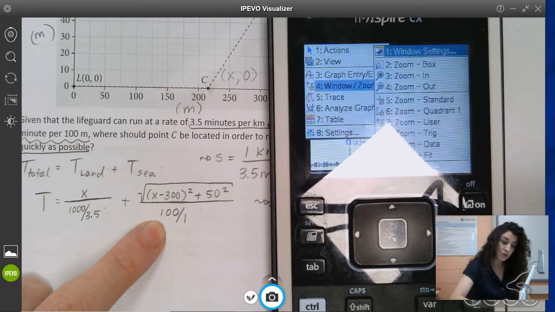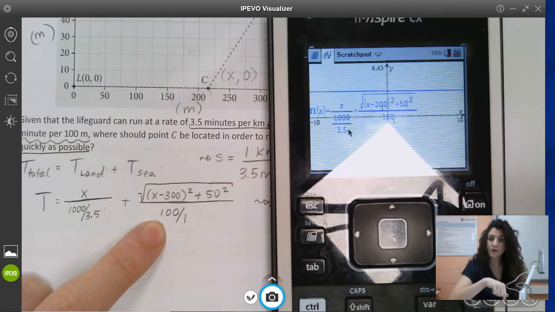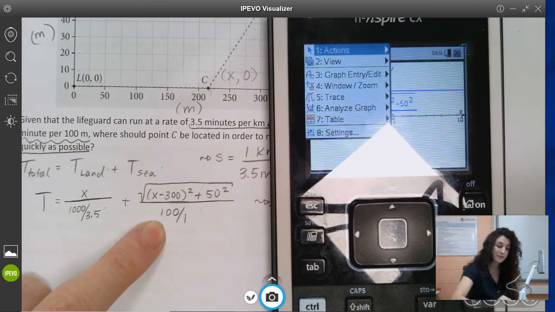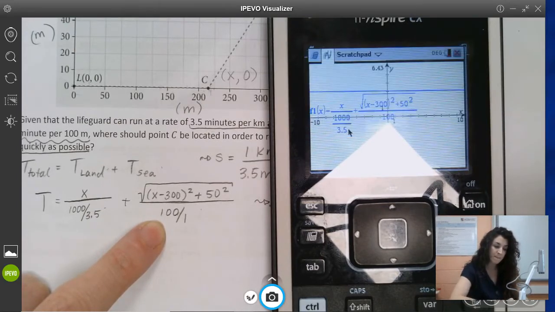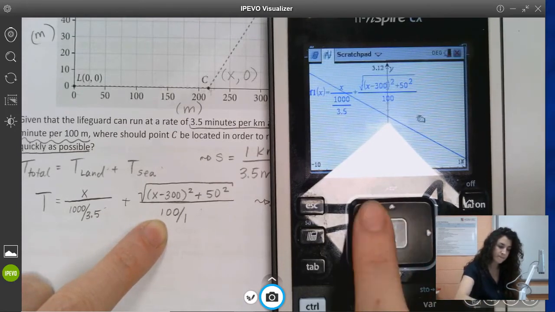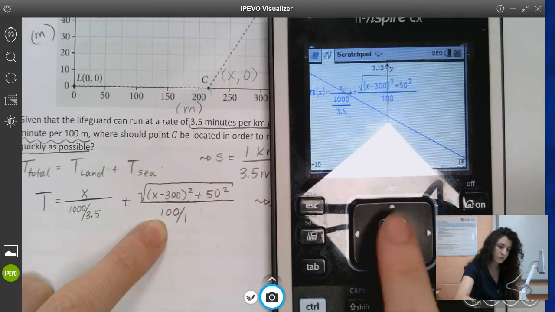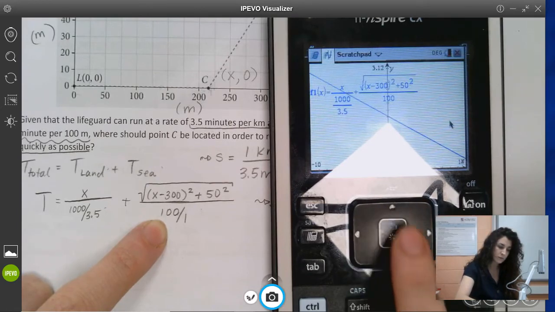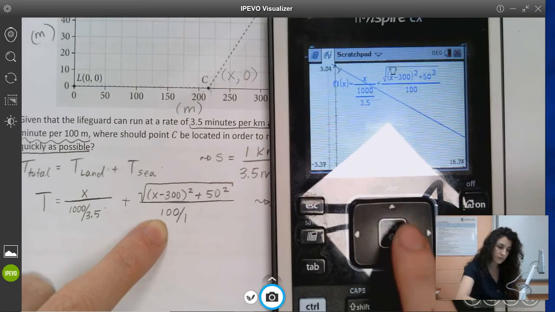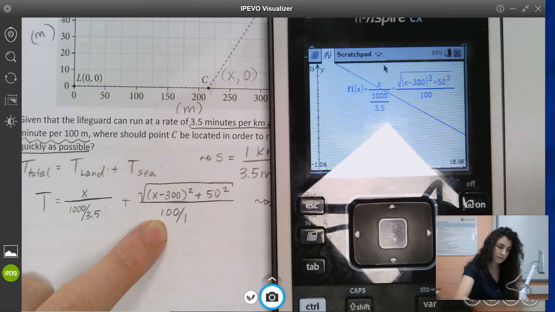We can zoom standard and then zoom out. With this one, this also took me a while to figure out, is that I needed to hit zoom fit in order for me to really see what was going on. I'm going to zoom out.